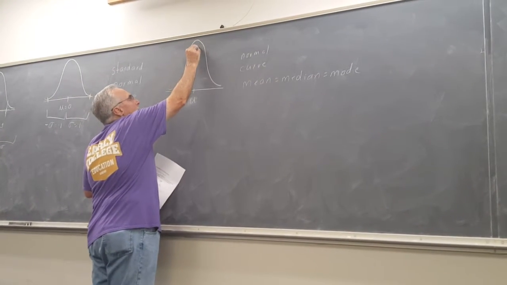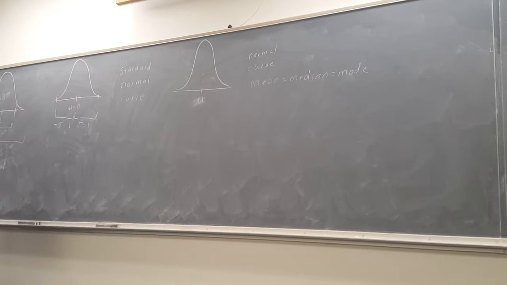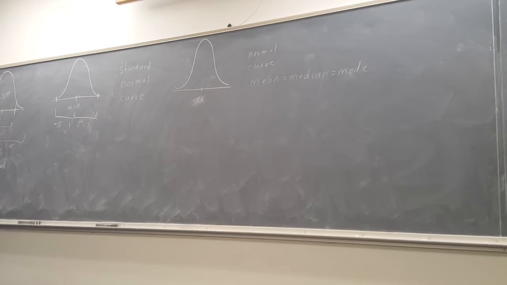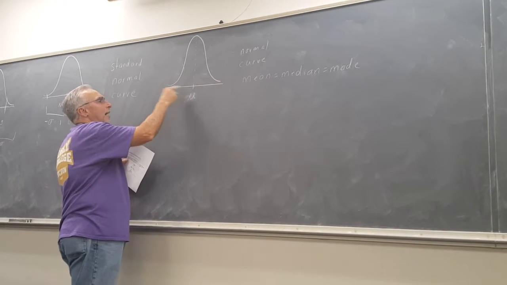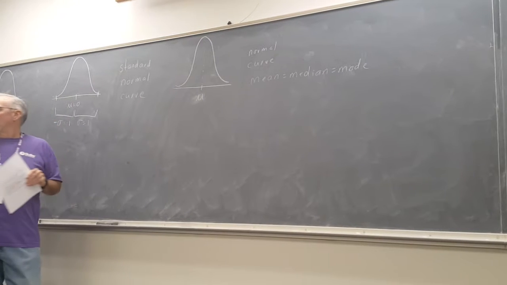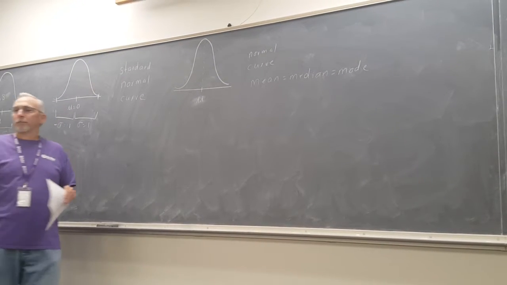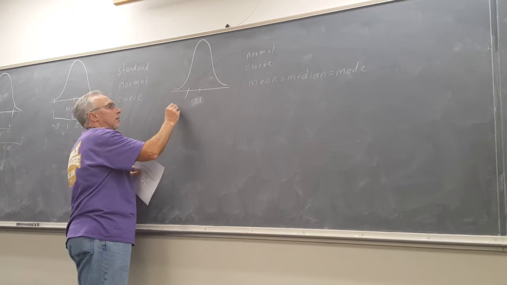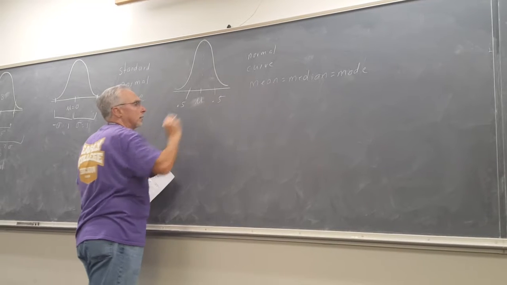And one more thing on this page, so you can put this on that page to kind of help you. Because it's symmetric, if I looked at the left half of this, what proportion of my area is going to be to the left of the mean? Half. And I'm going to have half to the right.